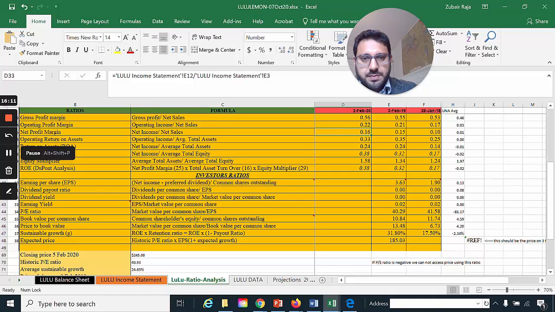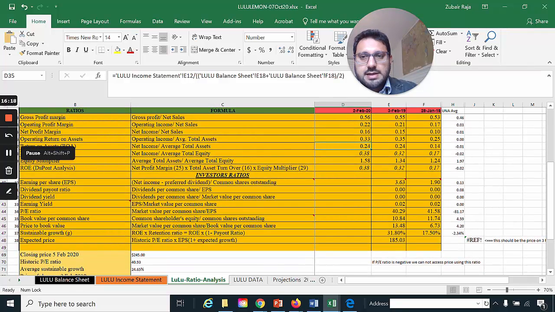And then I also tried to see the operating return on assets. So operating income divided by the average total assets, that is actually 33%. So in other words, every dollar invested in the asset is generating operating income of 33%, right? Then I have return on assets and the return on equity and equity multiplier as well.